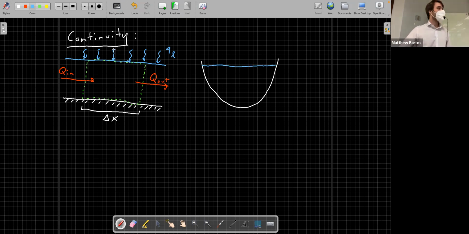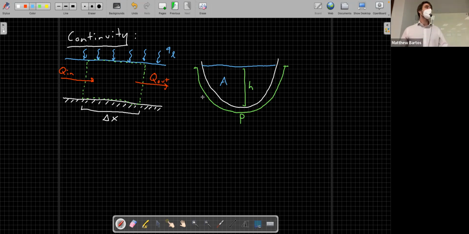We have that the depth of the water, let's call it h. And let's say that the wetted perimeter, so that is the perimeter that water is in contact with, we'll call that P, capital P. And let's say that the total cross-sectional area of the water, let's call it A. Okay, so this is our control volume.